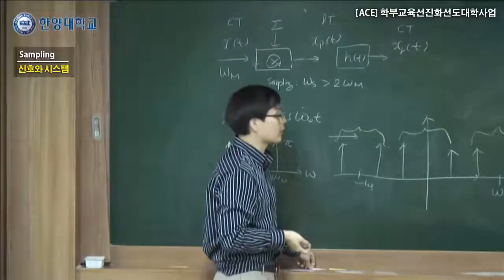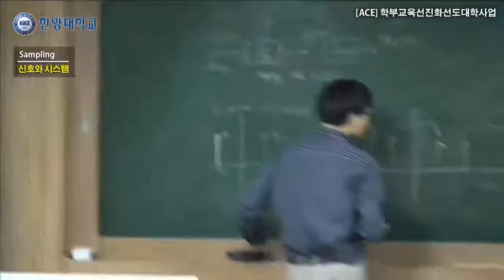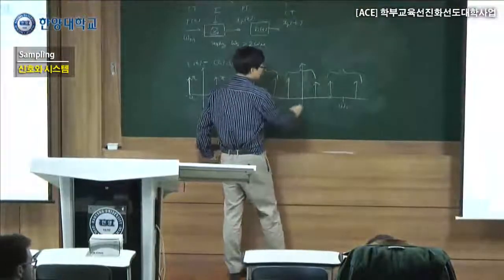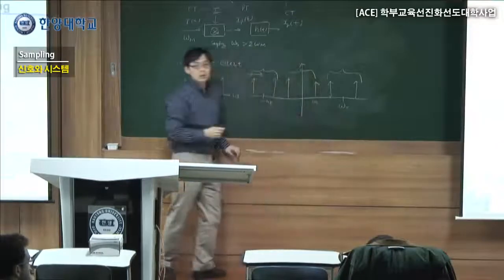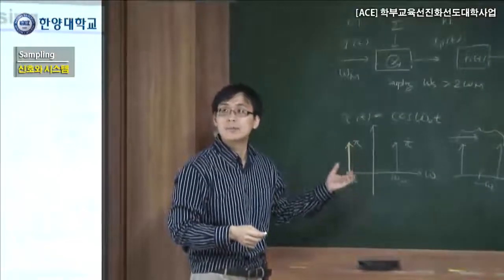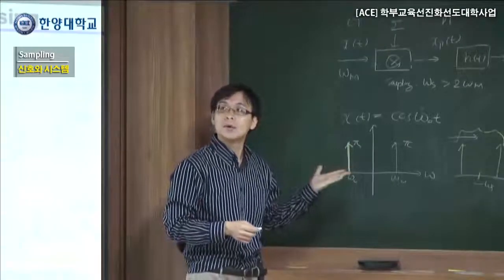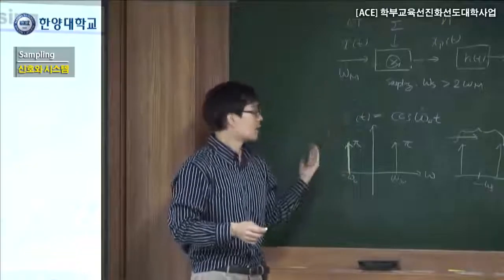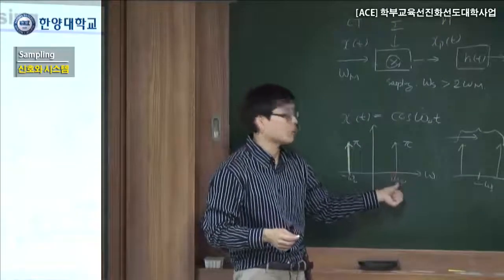This is the case where there's no overlapping. No overlapping, meaning that the maximum value over here is omega 0. Cosine omega 0 t is a good example of a band-limited signal, because its maximum frequency is omega 0.